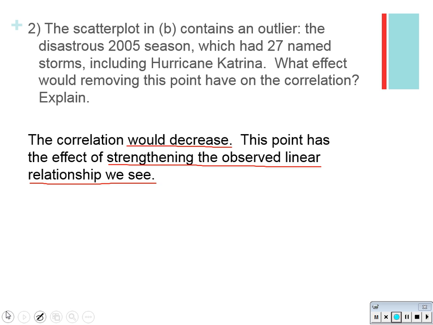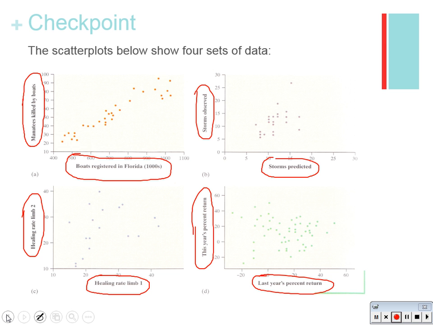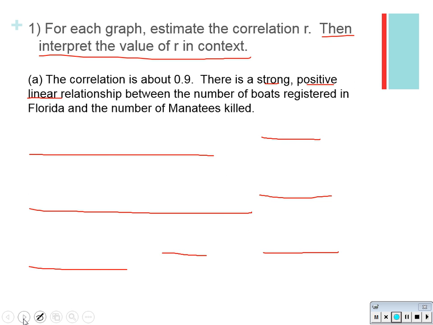And that would be this point right up here. Because that point has such a higher storms observed value versus the storms predicted, removing it would actually decrease the correlation rather than increase it.